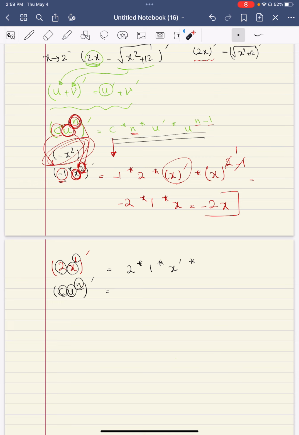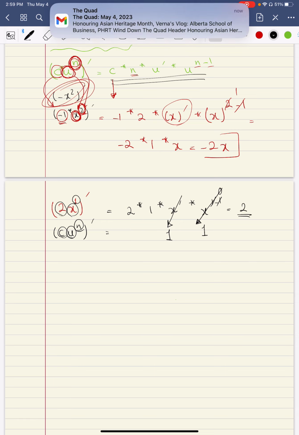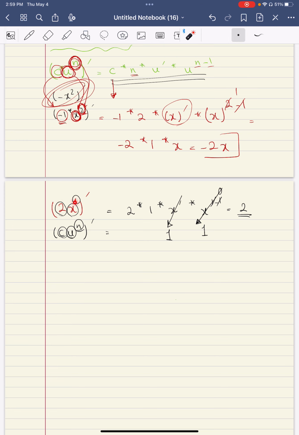X to the power of 1 minus 1. 1 minus 1 is 0, x to the power of 0 is 1, x prime is 1, so the answer is 2. Okay, so the derivative of 2x is just the number 2.